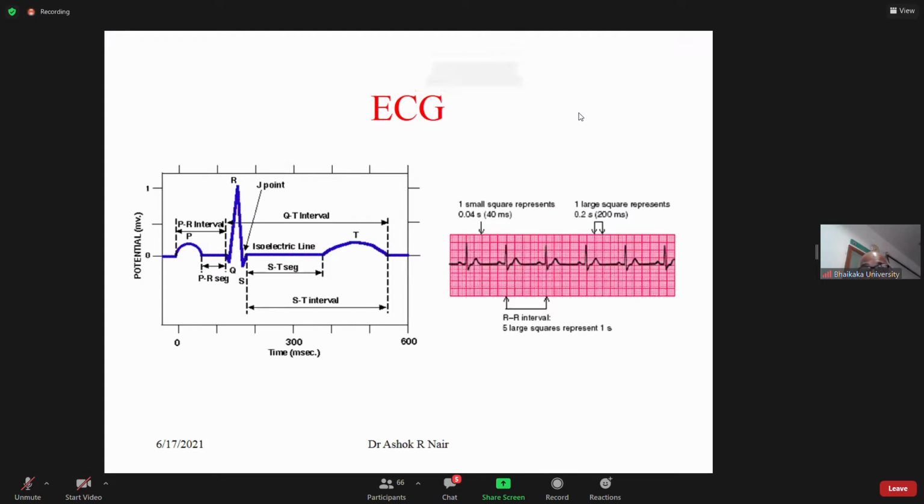Segments and intervals. We have seen the importance of P wave, QRS complexes, T wave, PR interval, QT interval. We also looked at how heart rate can be determined using the RR interval.